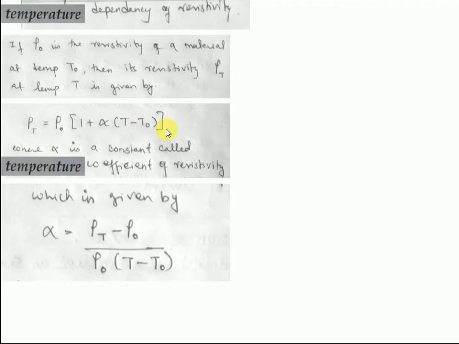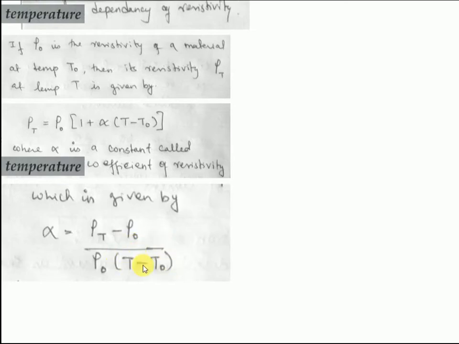Try this step by yourself. You will get α equal to resistivity at temperature T minus resistivity at temperature T0, which is basically the change in resistivity, divided by the original resistivity, times final temperature minus initial temperature. This is also the change in temperature.